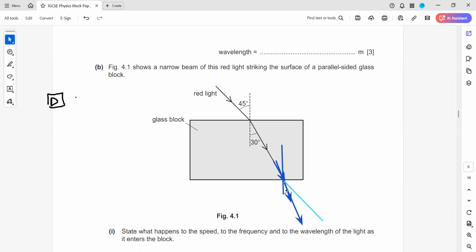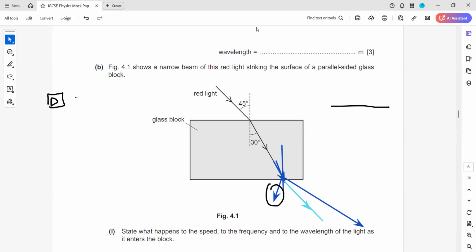This is not the right one, because it should show bending away from the normal. Moving from air to glass, it will continue like this, but when it moves from glass to air, it should bend away. So no, this is also not correct. It will not go to the other side of the normal, because it cannot emerge in this way.